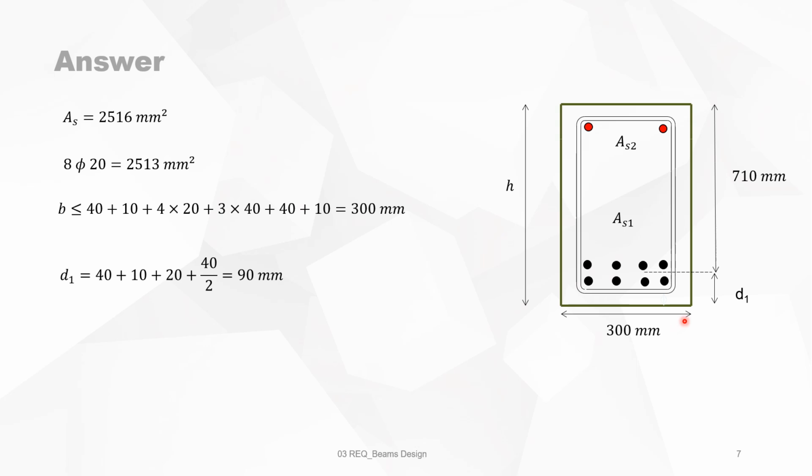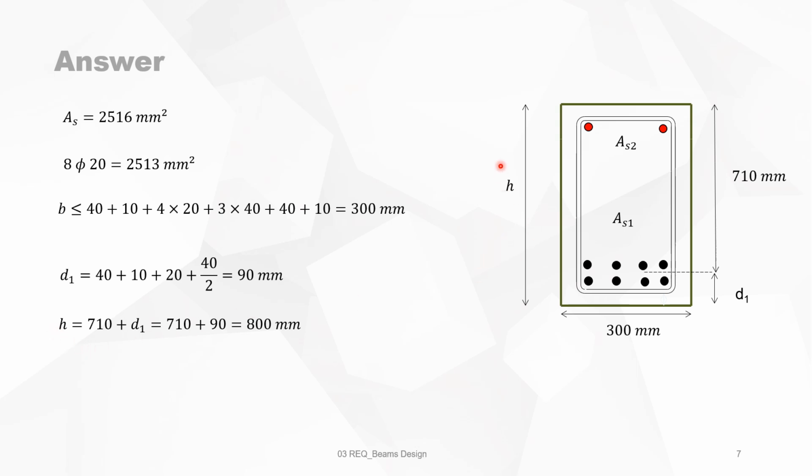We can now calculate the point of gravity, which is of course concrete cover plus stirrup diameter plus half of the clear distance, which is 40 divided by 2, plus the diameter that we use. So the point of gravity of the 8 rebars in tension is 90 millimeters.